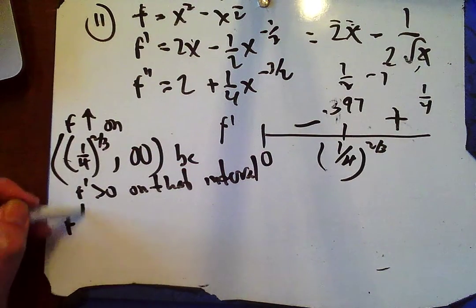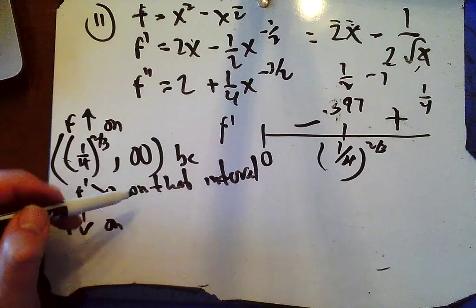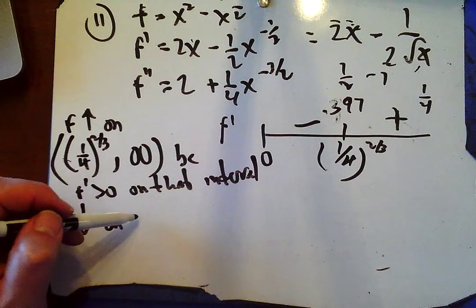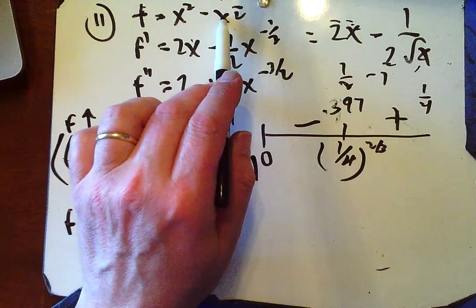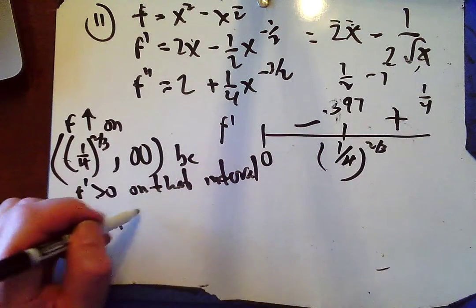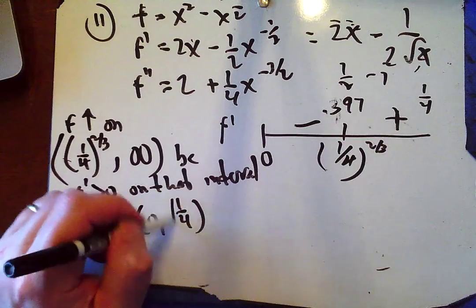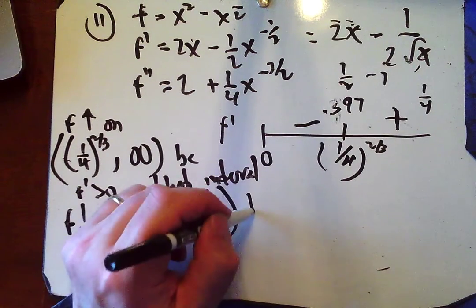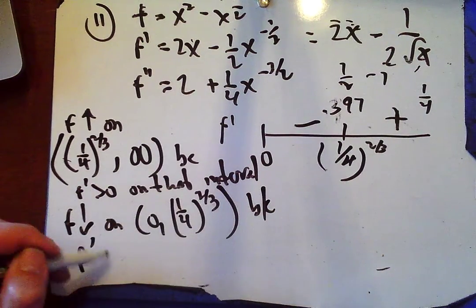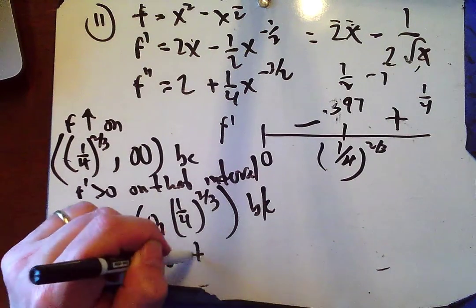And we know that f is decreasing on, remember this is the square root of x, so we have no negatives, on 0 to 1/4 to the 2/3, because f prime is less than 0 on that interval.